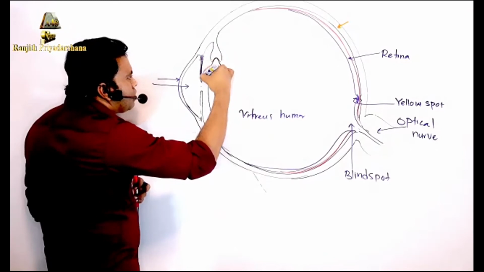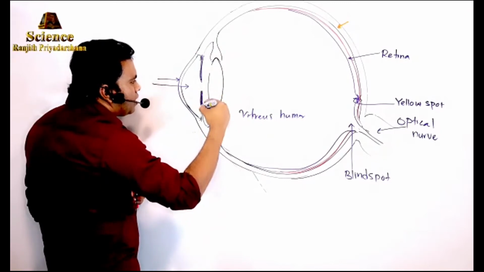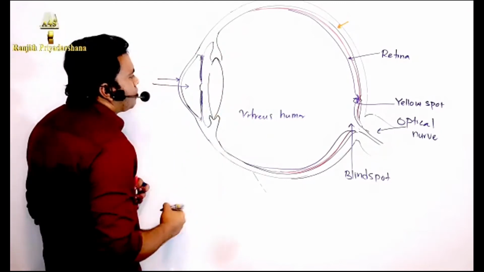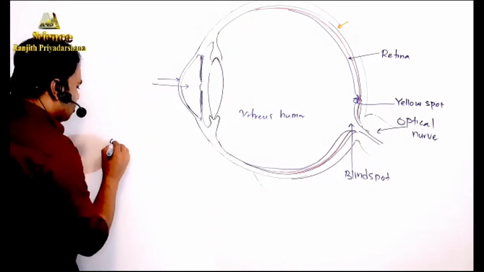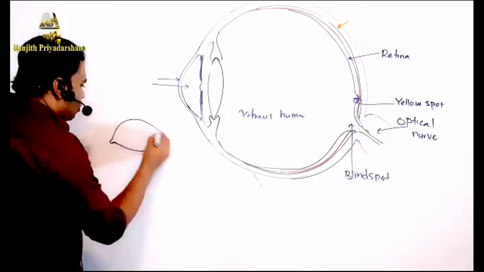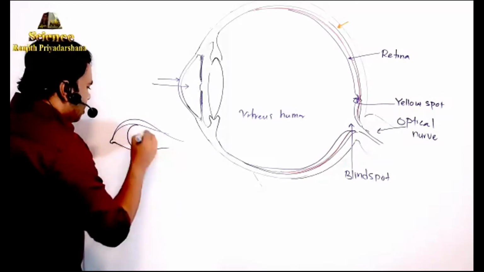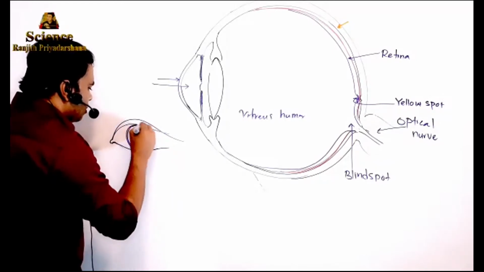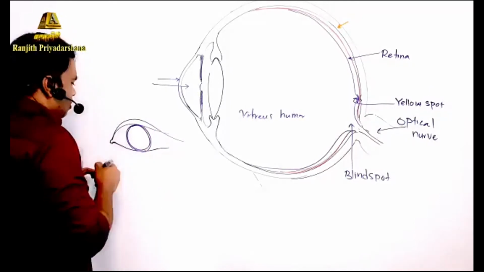Good. So you can see here a special layer containing smooth muscles. If you observe the eyes of your friends, you will see this shape of structure.